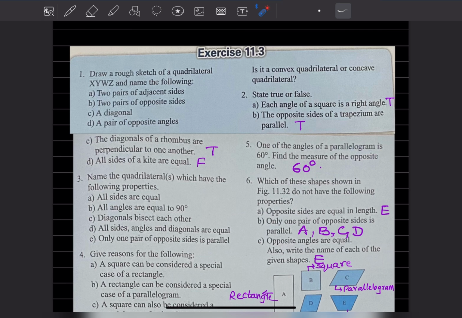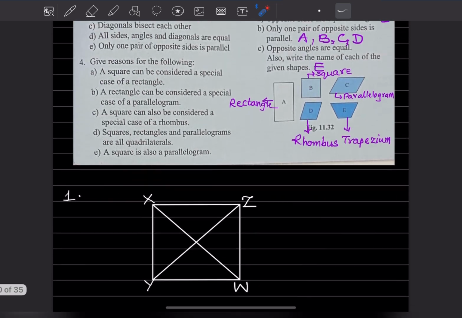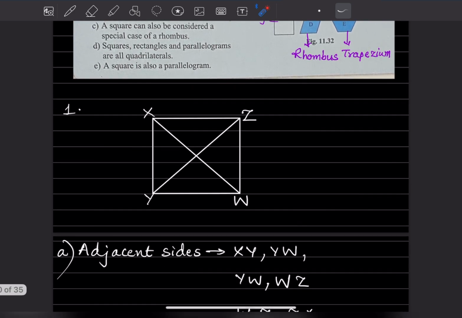What is the reason we can give for the convex quadrilateral? The definition of a convex quadrilateral is a quadrilateral in which all diagonals are in the interior. Interior means inside. Can you see both the diagonals are inside? So we call it a convex quadrilateral.